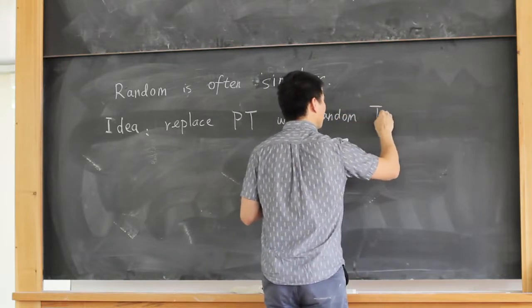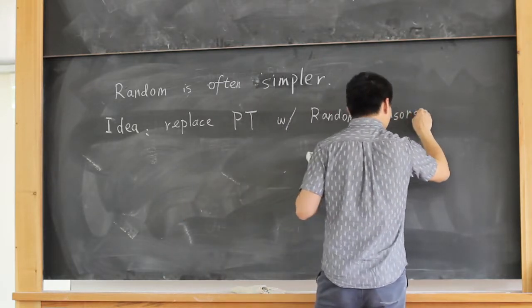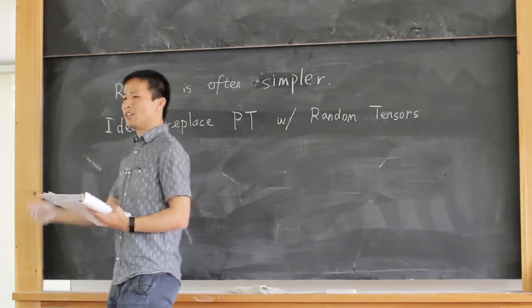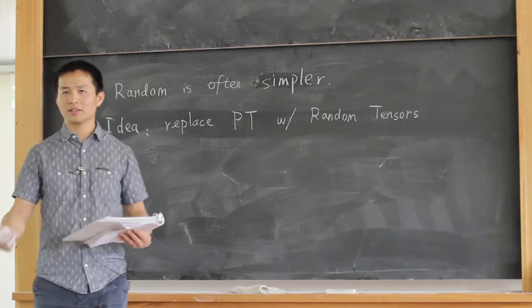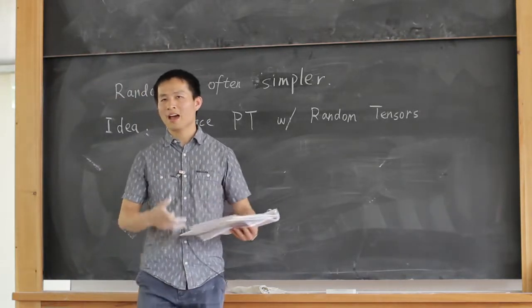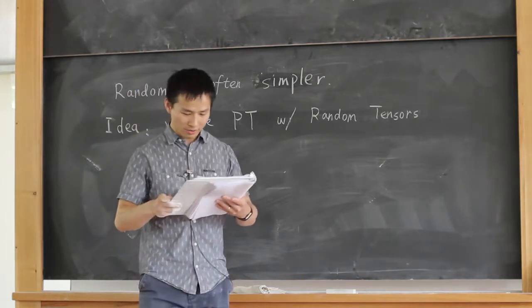And the random tensor, unlike a perfect tensor, doesn't have to have an even number of indices. Each of the indices can have a different range. They don't have to have the same bond dimension in general.